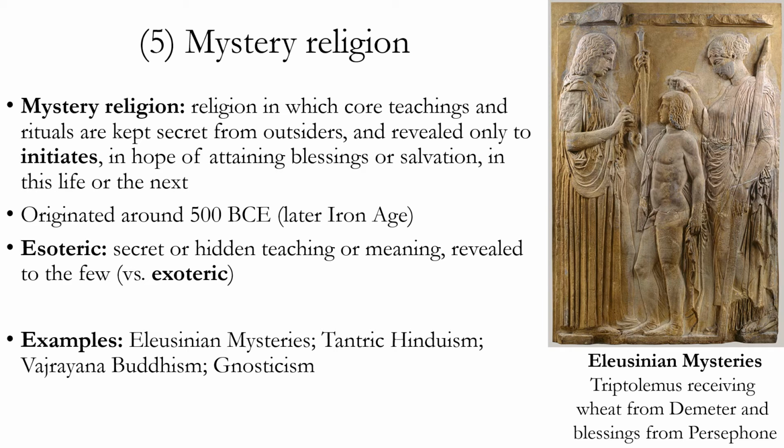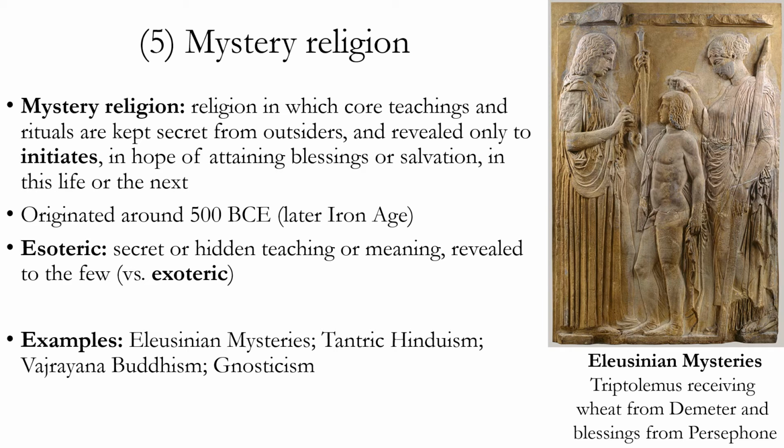In this image, Triptolemus is receiving wheat from Demeter and blessings from Persephone. Triptolemus is basically a symbol of the initiate of the religion. You're going to come into a closer relationship with Demeter and Persephone and receive their blessings and abundance. That's the basic idea being expressed here.